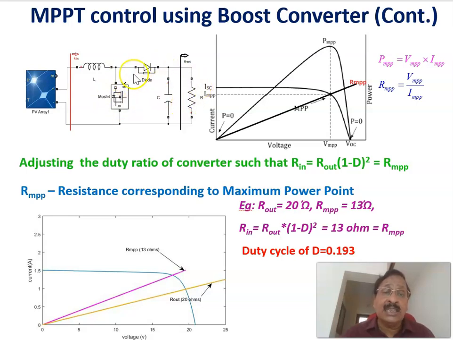We adjust the duty cycle of the boost converter switch in such a way that the resistance reflected at the input side is the same as the resistance corresponding to the maximum power point, RMPP. Then maximum power will be transferred from the solar panel into the load. That is the basic concept of transferring the maximum power using the boost converter.